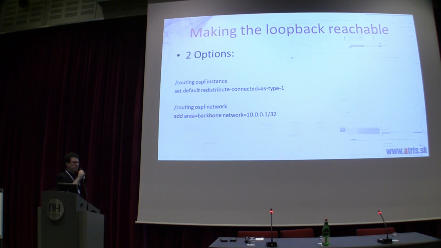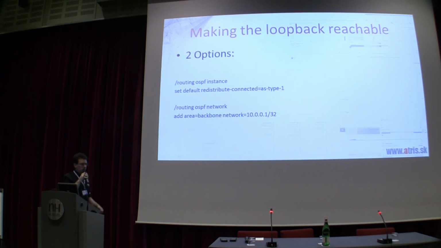So for making the loopback reachable, for the easy configuration, there are two options. Either we enable redistributing connected routes inside of the OSPF instance. That's the easiest way, and we could just do all we need to do. The drawback is it will redistribute all the connected IP addresses or networks on that OSPF router.